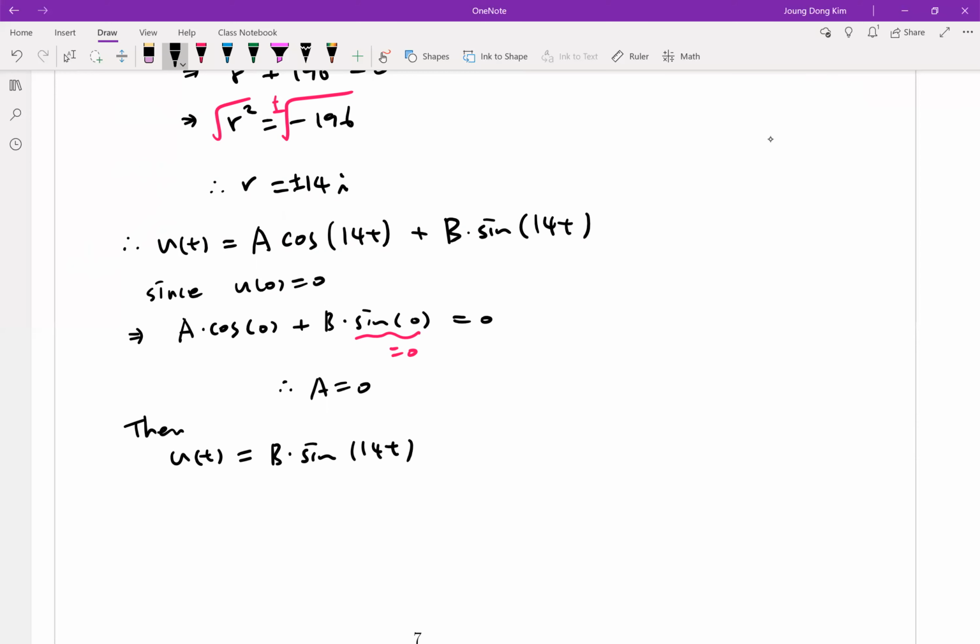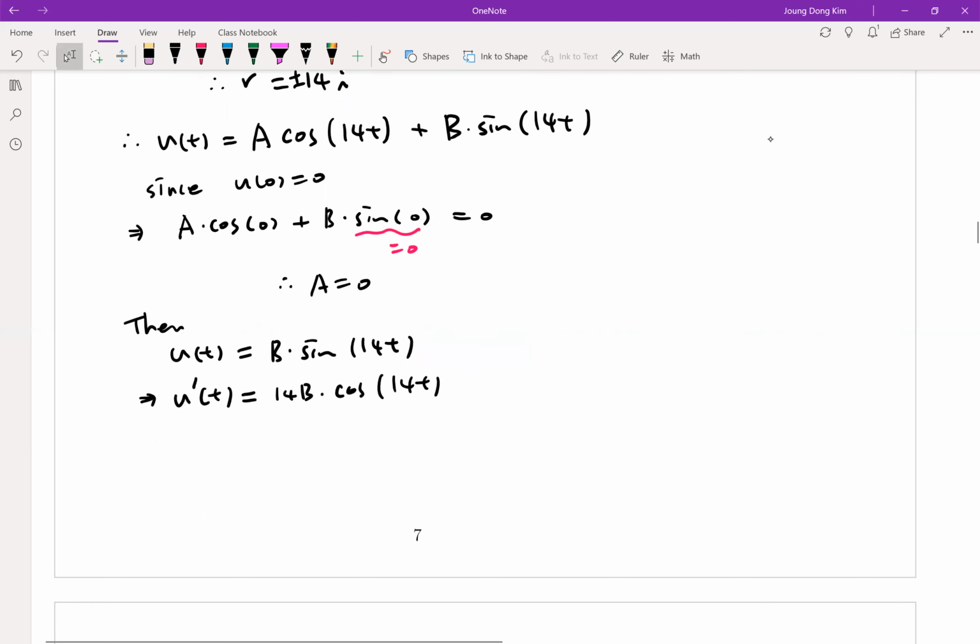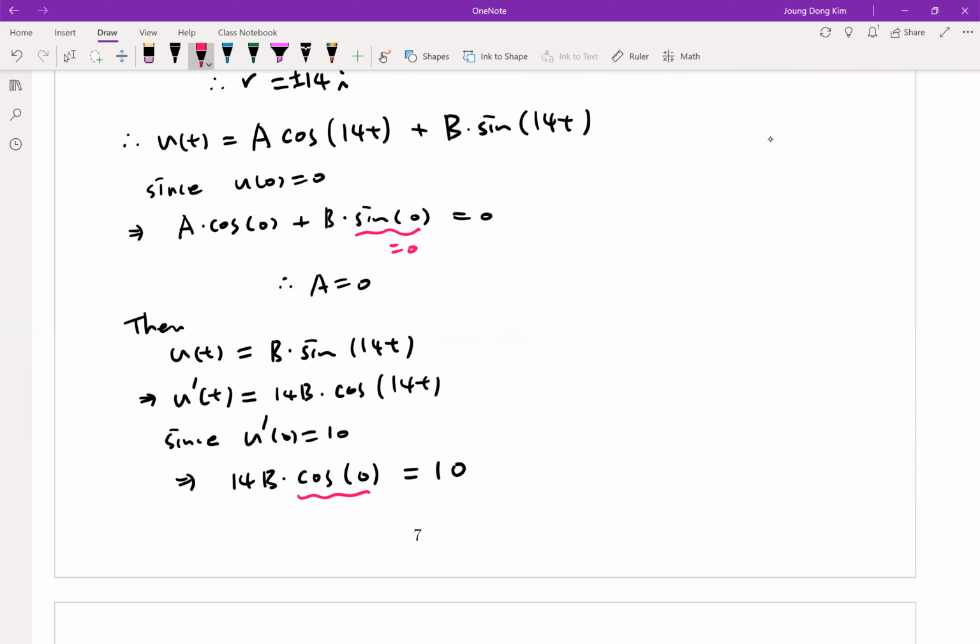Then we use the other initial condition. u prime is 14B cosine 14t, and since u prime 0 equals 10, 14B times cosine 0 must be equal to 10. As you know, cosine 0 equals 1.